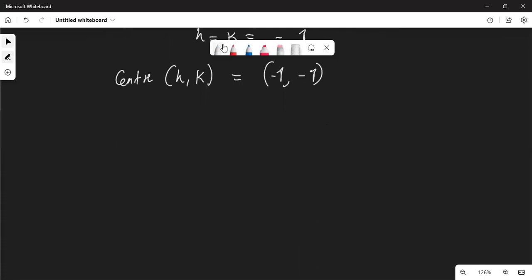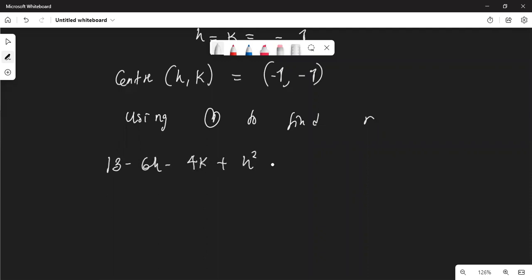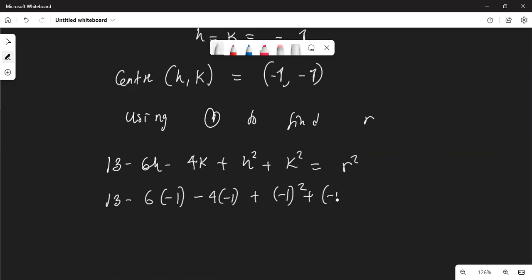So using equation number 1 to find the r: 13 minus 6h minus 4k plus h squared plus k squared equal to r squared. So 13 minus 6h, h is negative 1, minus 4k, k is negative 1, plus h, negative 1 squared, plus k, negative 1 squared, equal to r squared.